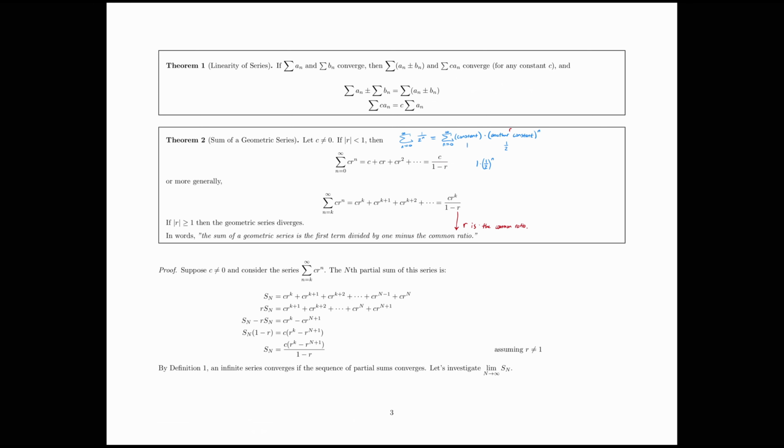If your common ratio in absolute value is greater than or equal to 1, then it diverges. So that's this part right here. There's a proof of it here, but we will move on to an example.